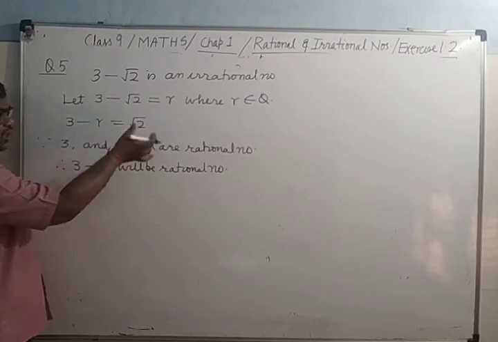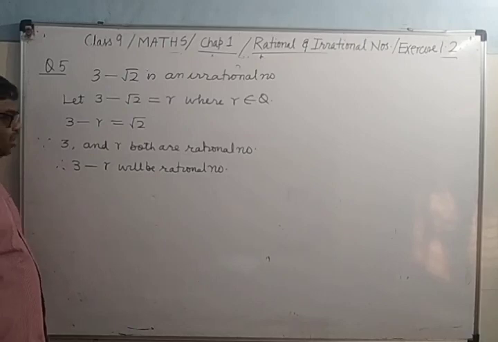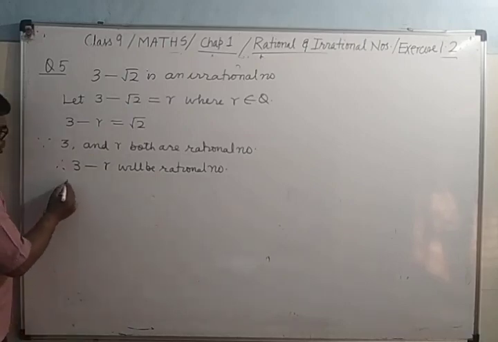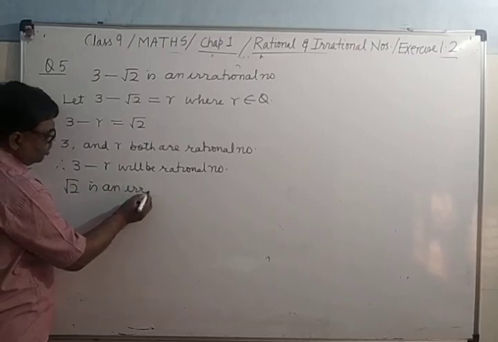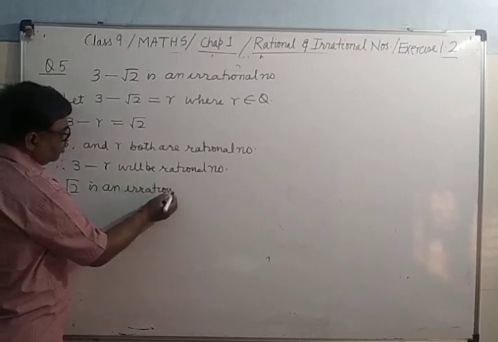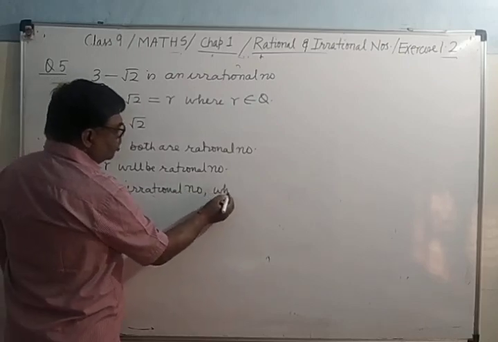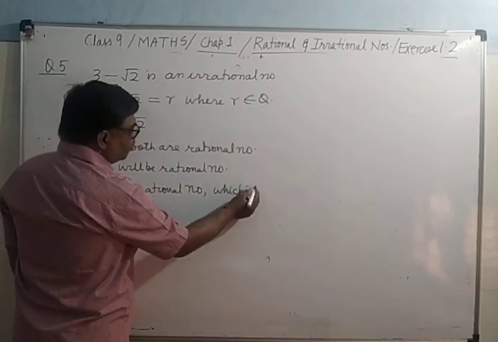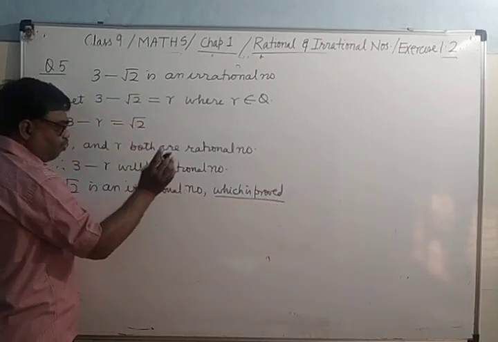And root 2 is an irrational number. This we have already proved in the first part of this question. It's clear? Root 2 is an irrational number, which is proved. Because we have proved it, we write this.